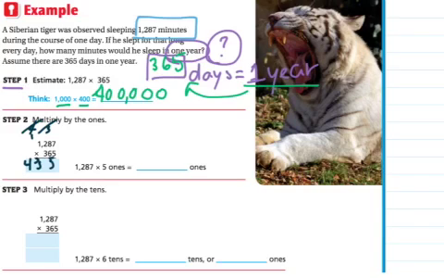And then we're going to regroup the 1 to the thousands place. And 1 times 5 is 5, plus the regrouped 1 is 6. So we get that 1,287 times 5 ones gives us 6,435 ones.